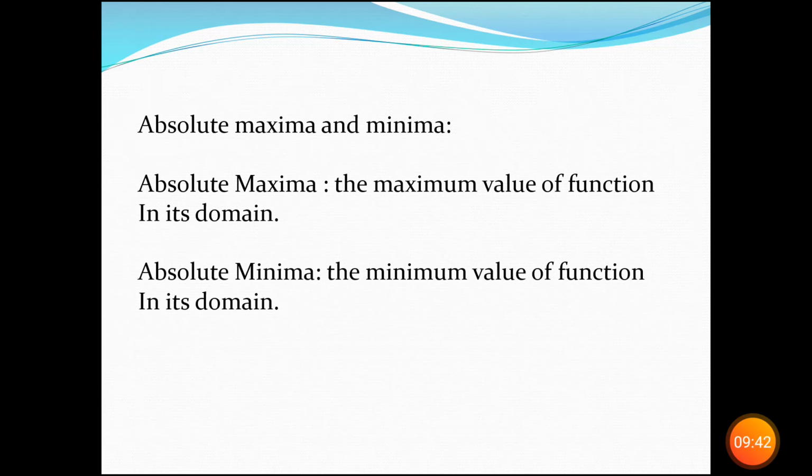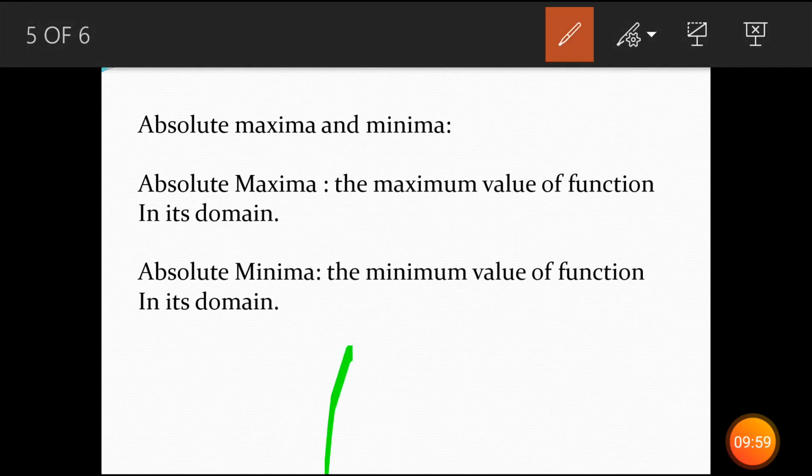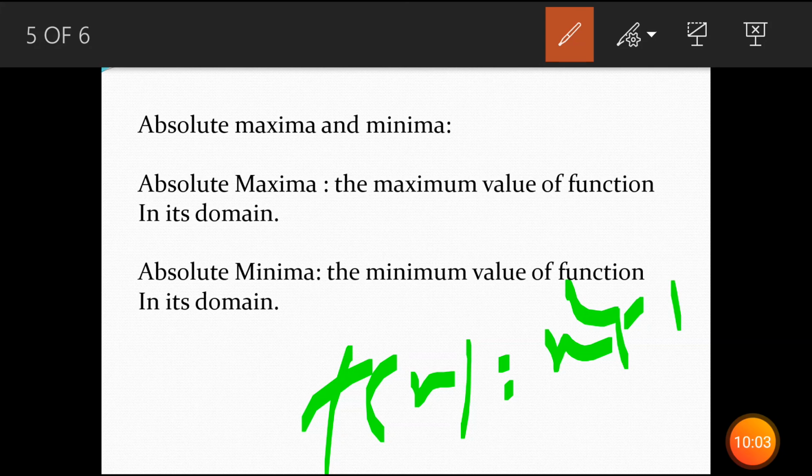In the next video, I'll discuss the first derivative test. Why are we discussing that? Because in the graph it's very easy to see the maxima and minima. Anybody can answer after having the concept. But if the function is written in this form, suppose f(x) equals x squared plus 1, and they ask you to find the local maxima and local minima values in a particular domain, how will you calculate?